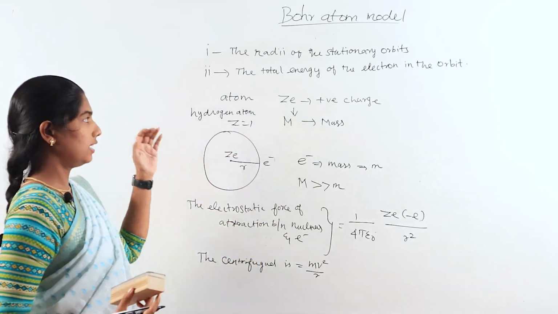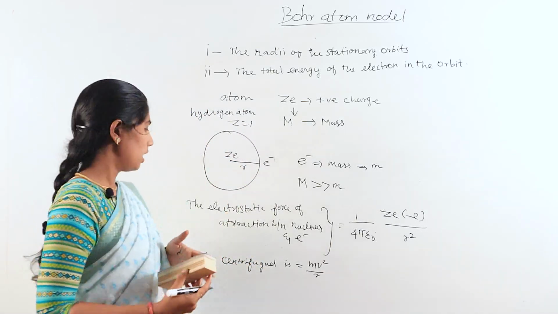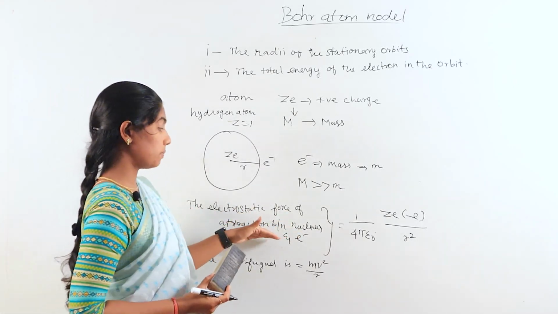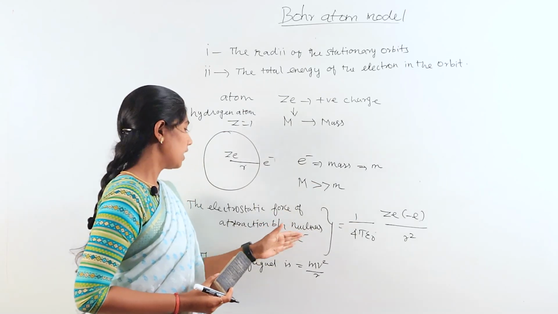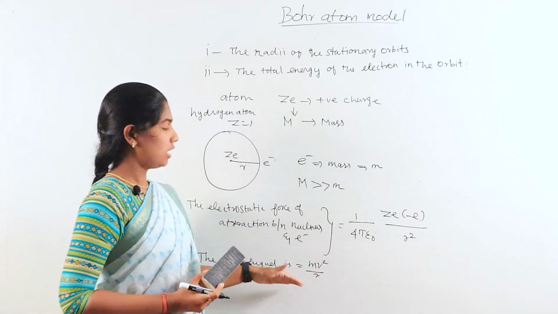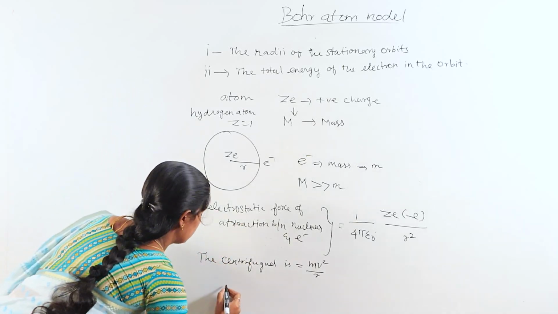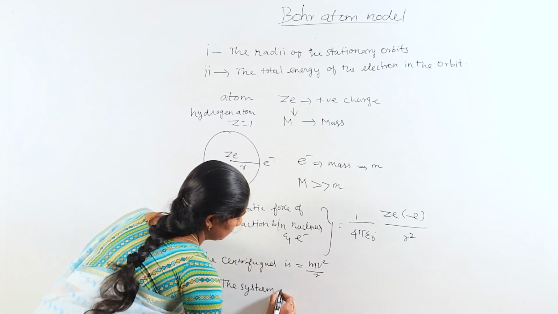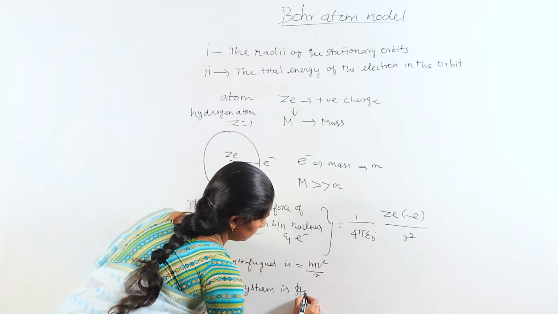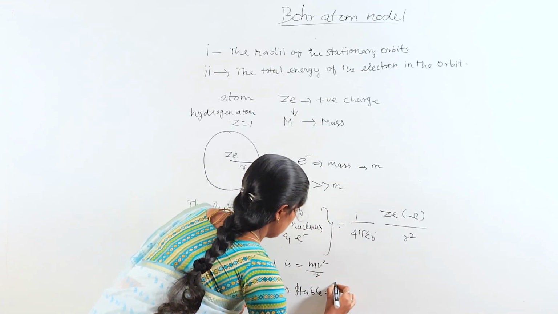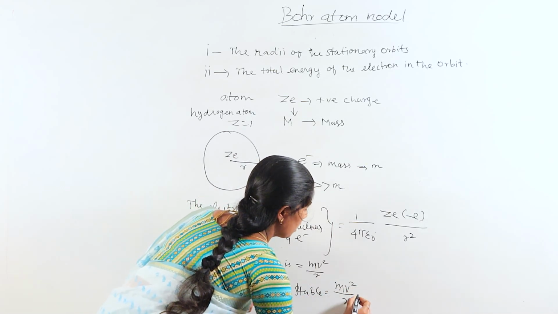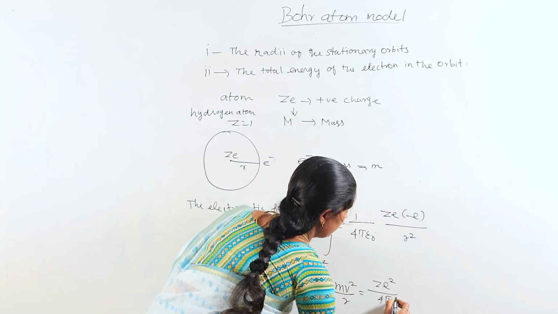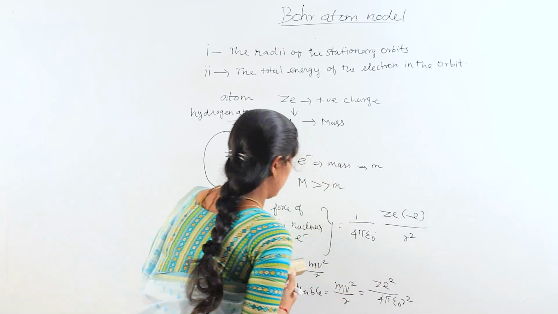And the system should be stable, which means the electrostatic force of attraction between the nucleus and electron is equal to the centripetal force. So we can write m v square by r is equal to Z e square divided by 4 pi epsilon naught r square.